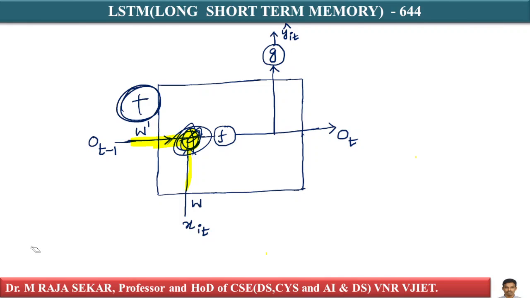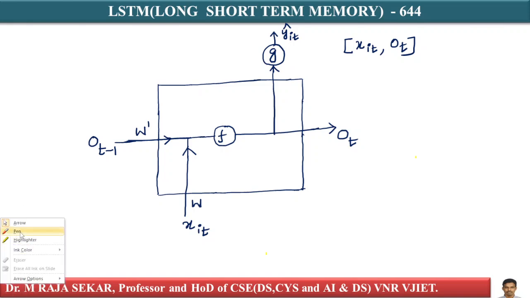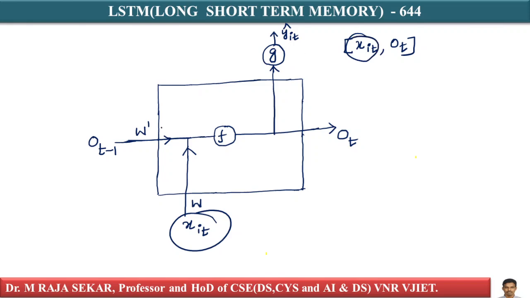Let me write down the equation so that we can understand what we are doing here. I can write these two vectors. This is my vector Xit. This is not Ot, this is Ot minus 1, just a small correction.